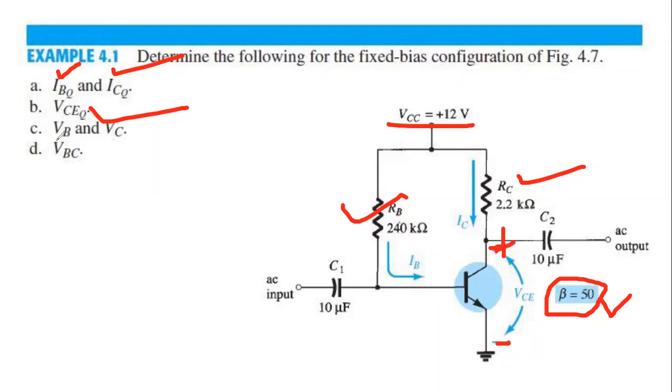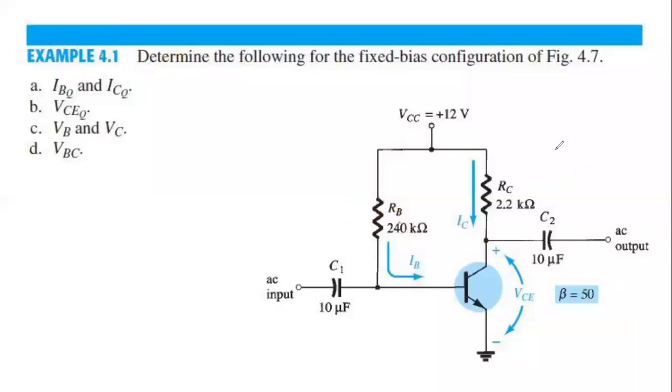Then find the exact point potentials VB and VC, and finally VBC. We just showed you how to find the point VE.